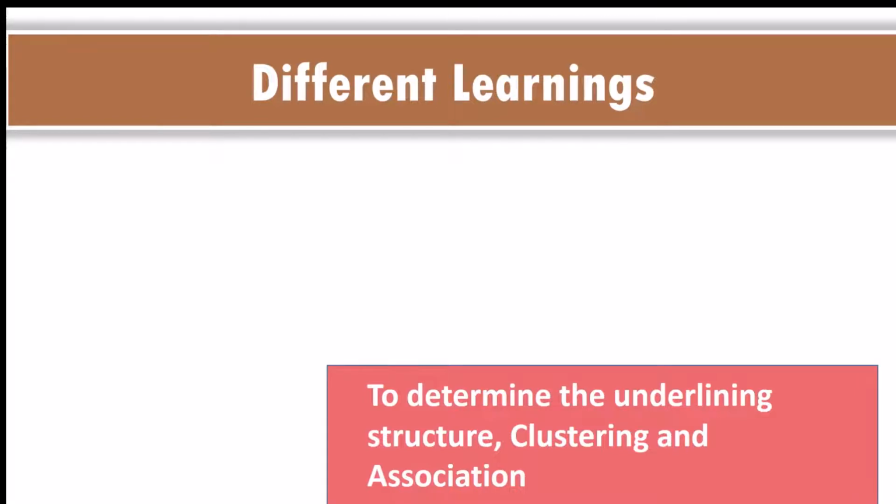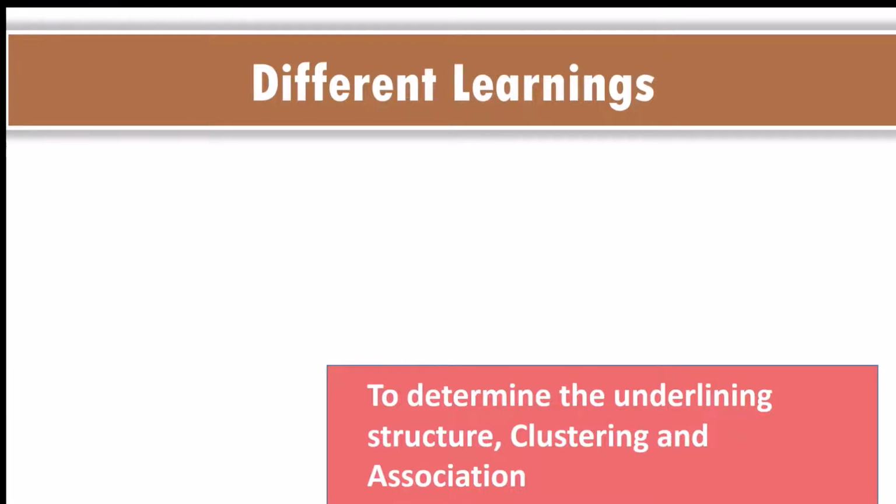So I will go over one more thing again. Machine learning is divided into two learnings. One is supervised learning and another one is unsupervised learning. In supervised learning, we give the model labels so that it can easily learn our data, and based on the learning it can give the response.